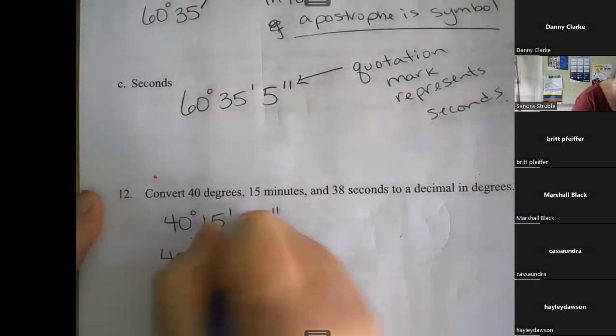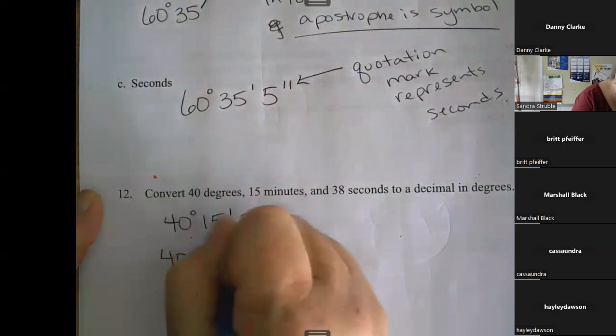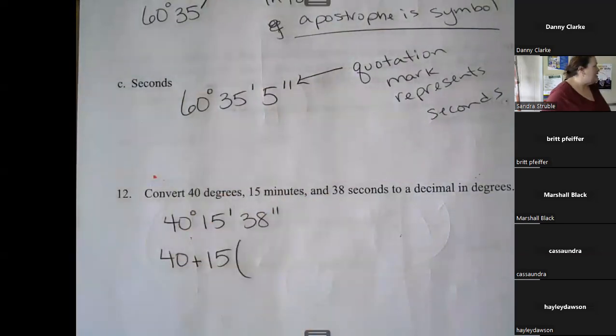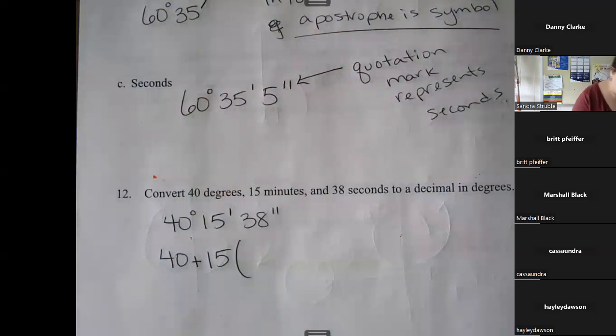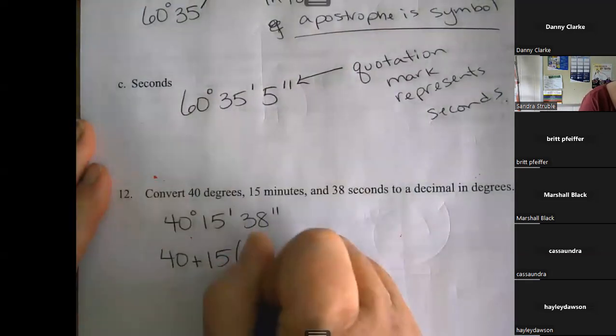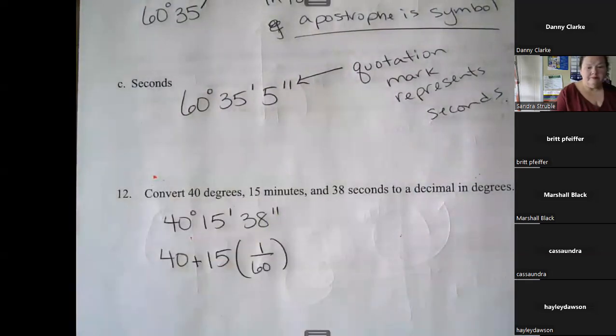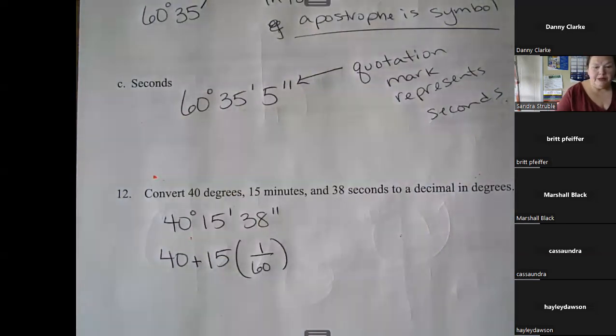So 40 plus 15 minutes, I'm going to just take that 15 minutes and multiply by 1/60 because it represents the minutes in a degree. So that represented the minute.